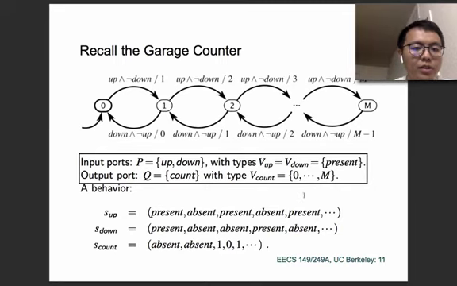You can see that the count starts at zero, then given an input up and another input down as present, we transition from 1 to 0. So we get the data types, in addition to a behavior. We give this state machine states, and this is a behavior.